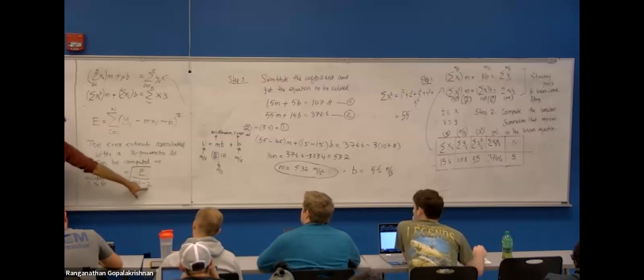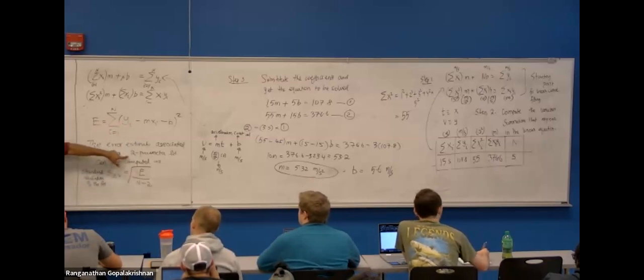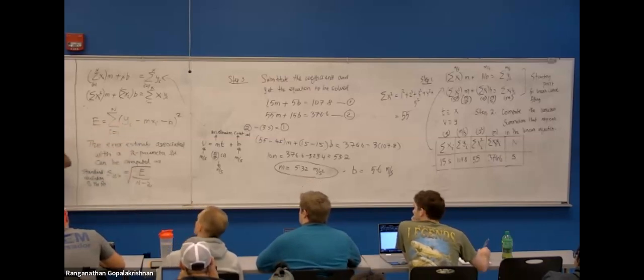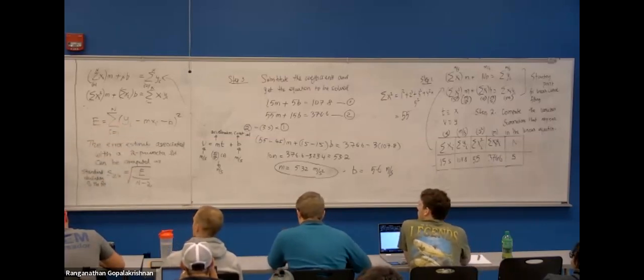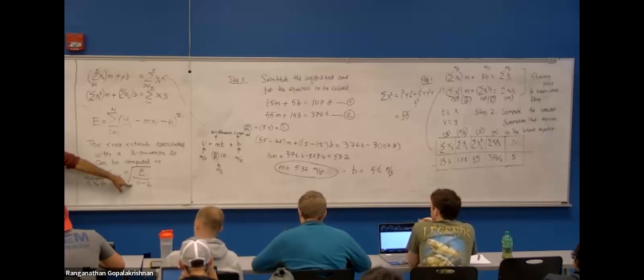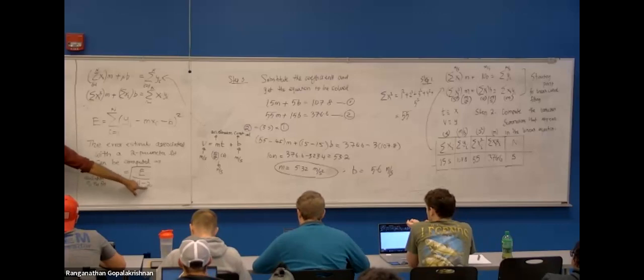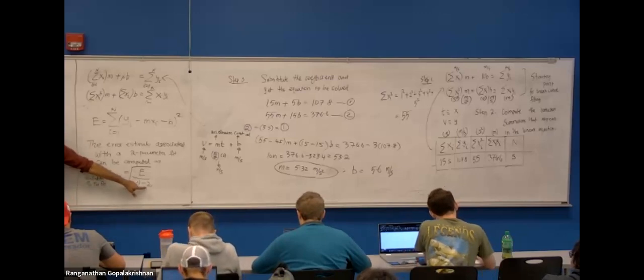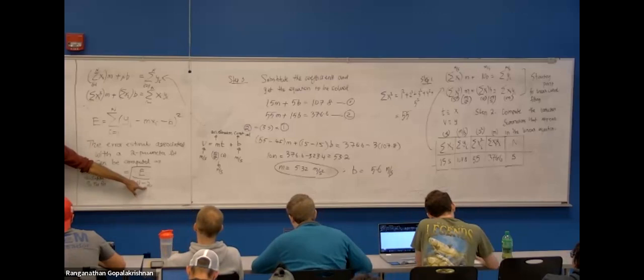This 2 denotes the number of parameters involved in your fit, and we'll discuss this in more detail when we talk about statistics. For now, take it from me that you're dividing by the size of your data set minus the number of parameters you are fitting, which is 2 in this case. If you're doing a quadratic fit, it will be 3. If you're doing a 4th order fit, it will be 4, and so on.